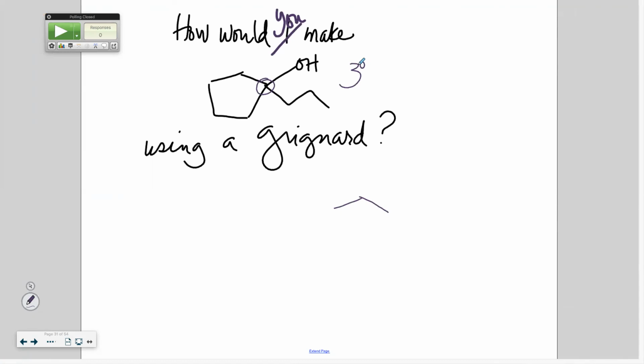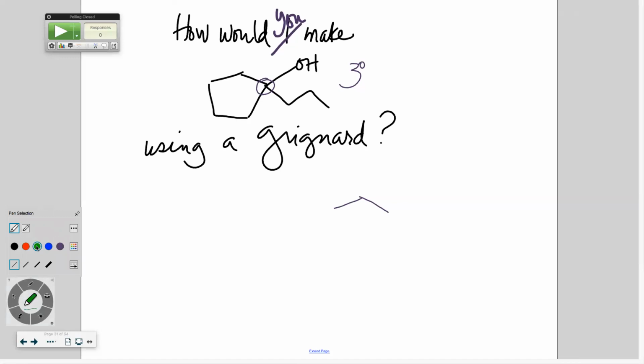Okay, so what kind of compound do we need? Are we going to use an aldehyde? A ketone. Okay, which ketone? If you're going to split that in half, where are you going to cut the molecule?